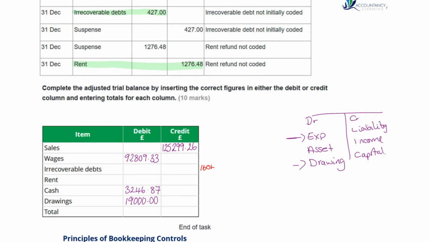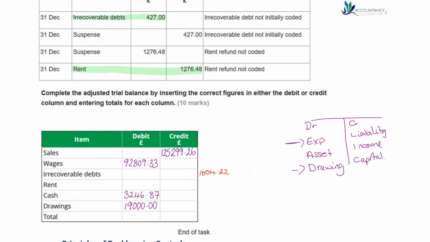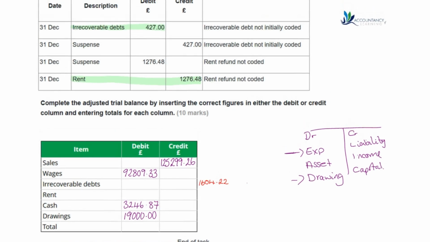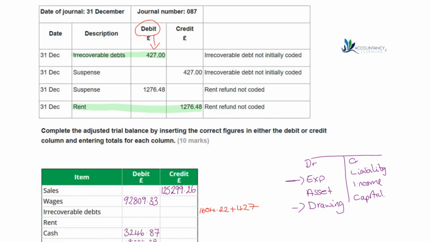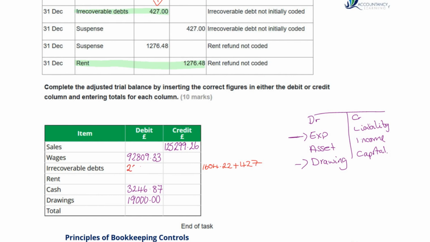I'm going to make a note of that next to the irrecoverable debts here. So that's a debit balance. And then in our journal, we can see that we've got a debit going to that account. So because we've got a debit balance and a debit in the journal, we're going to add that figure on. That gives us a new adjusted figure of 2,031.22.